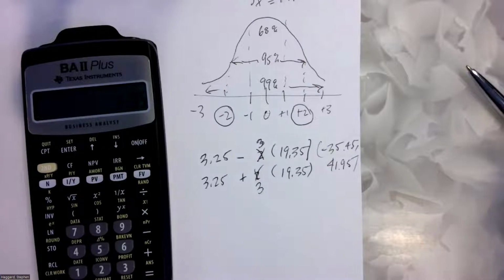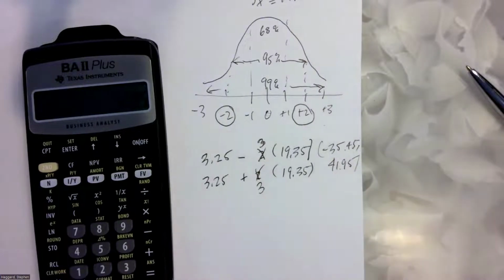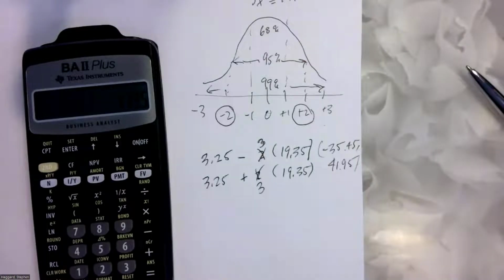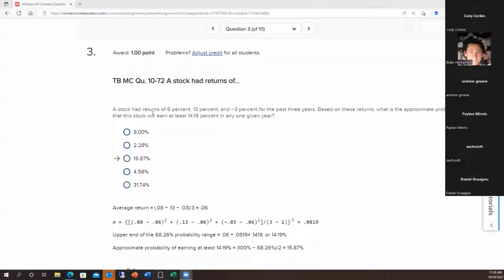Okay, so it says it had returns. Oh, I'm going to share this with you. Uh-oh. That didn't work out. There we go. A stock had returns of 8%, 13%, and negative 3% for the past 3 years.